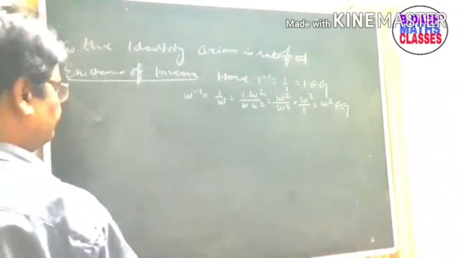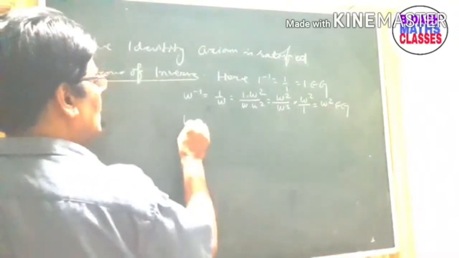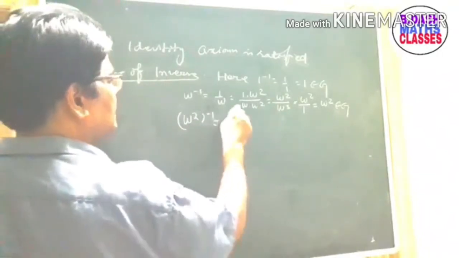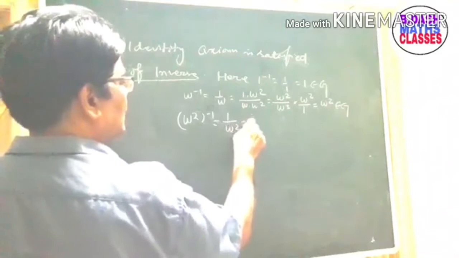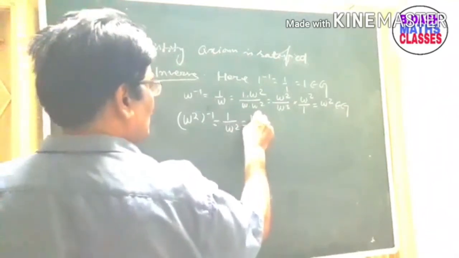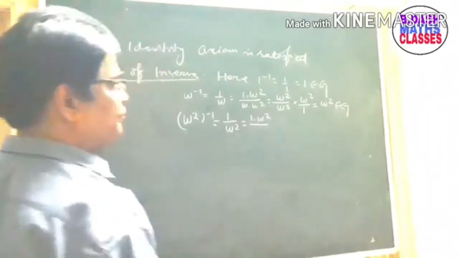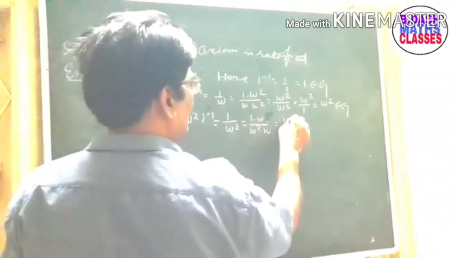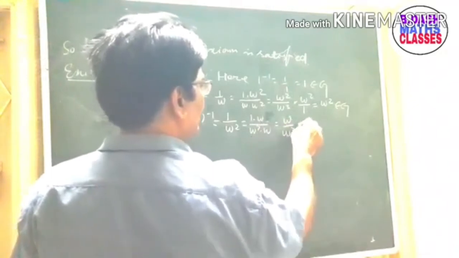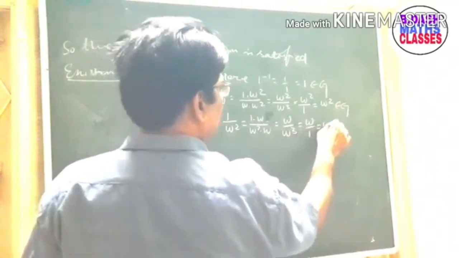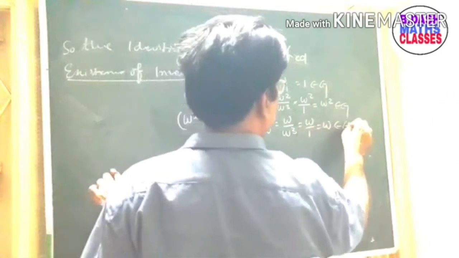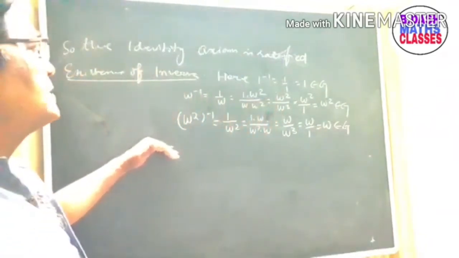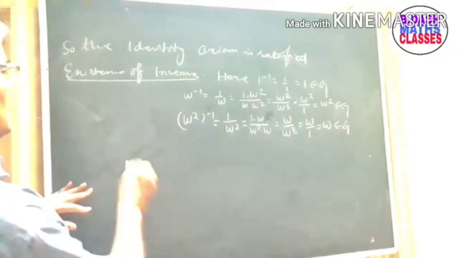Then the inverse of ω² is equal to 1/ω² = (1 × ω)/(ω² × ω) = ω/ω³. Again ω³ is equal to 1, so ω belongs to G. So we are getting ω and ω² are inverses of each other.